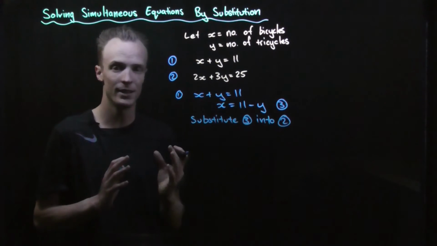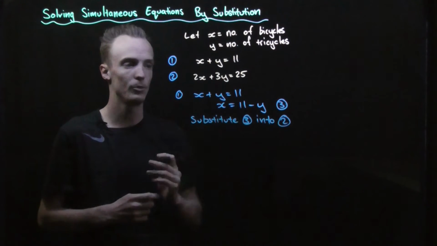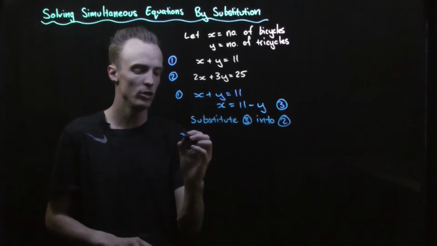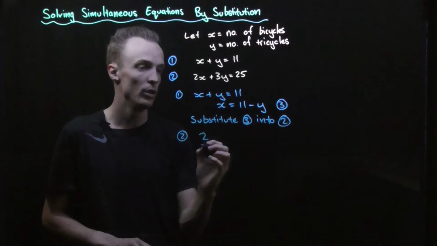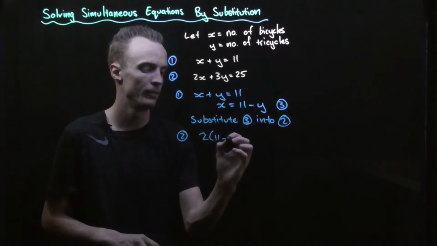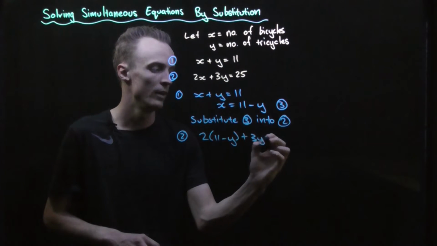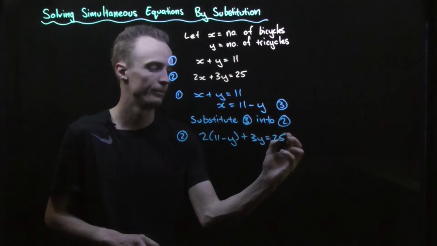When I do that, I need to substitute or replace my x value whenever I see it with 11 subtract y. So equation 2 is 2 multiplied by x, so our 11 subtract y, plus 3y equals 25.